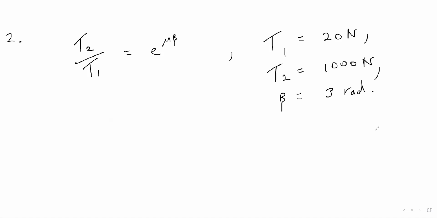If you look closely at the problem description, and they ask us to solve for mu. They gave us T2, T1, and beta, and now we have to find mu. So let's go ahead and find mu.